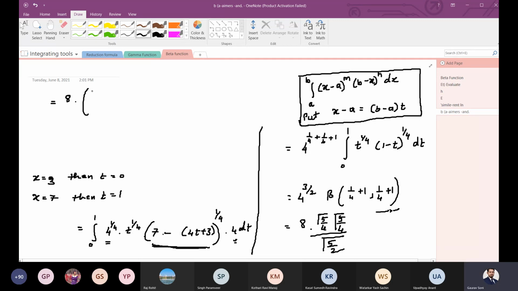So what property can I use? 1/4 gamma of 1/4 into 1/4 gamma of 1/4. 5/2 is 1 plus 3/2, so this is 3/2. Gamma of 3/2 is again 1/2 gamma of 1/2.